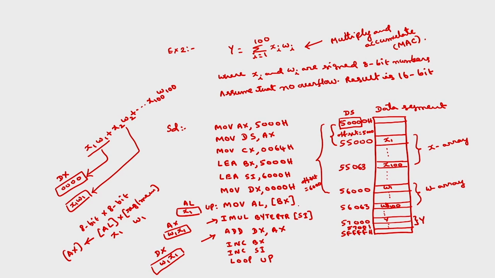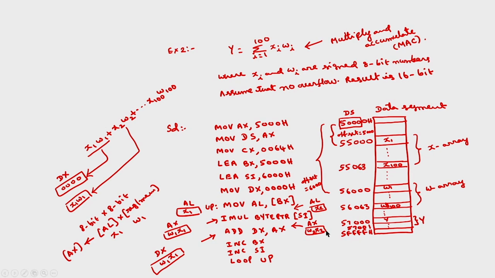So x2 will be taken into AL in the second iteration, and here IMUL byte PTR SI. SI was 6000, after one increment 6001, and the offset 6001 holds the W2 value. So W2 and X2 will be multiplied, and in AX there will be W2 X2.